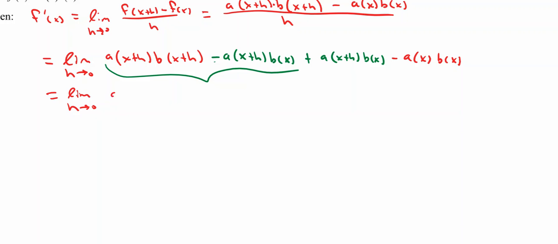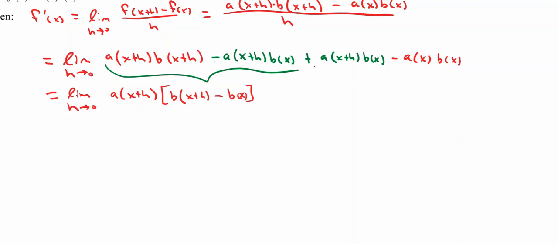So that would be a of x plus h, and then I'm going to make a square bracket just so I can differentiate here. Then that'd be times b of x plus h still, and then you'd still have minus this b of x.